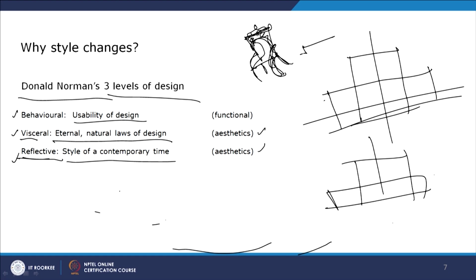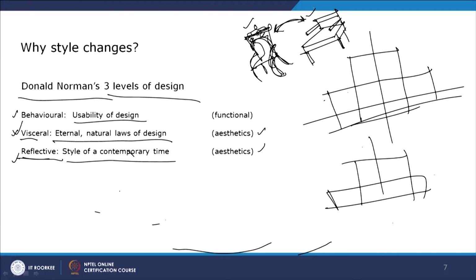And then there is a very clean sleek chair. So we will already know that this chair is much more modern, and is talking about the contemporary style. So this is the reflective quality which is dividing the two different chairs. One, we can understand that this is in today's time, and this is old fashioned, but it might be the visceral quality which might tell both the chairs have a beautiful proportion.